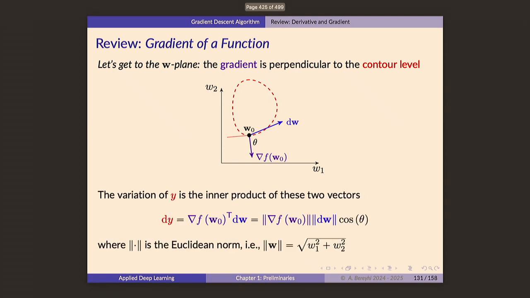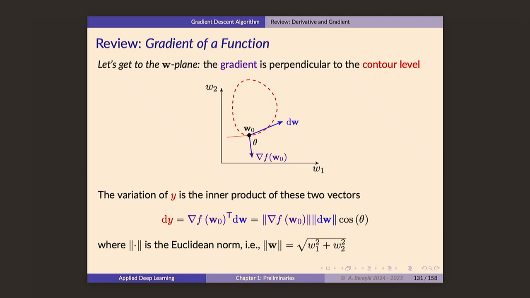So I can write the inner product as the amplitude of dw times the amplitude of my gradient times the cosine of the angle between them. Do you agree? You have two vectors, amplitude of this guy multiplied by the amplitude of this guy multiplied by the cosine of the angle between them. This is going to be the inner product when you are in two dimensions, right?